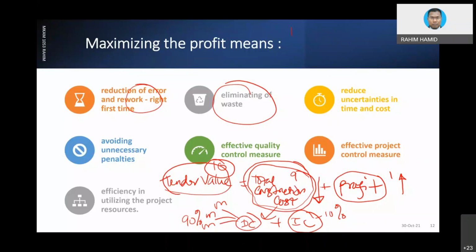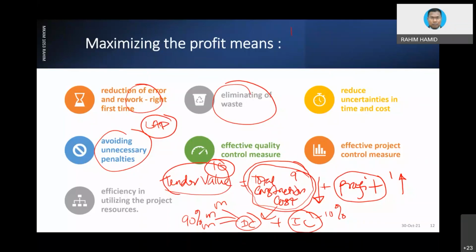That is an example. Another is avoiding unnecessary penalty. In construction we have what we call LAD, liquidated ascertained damages. It is like a penalty where you encroach into the practical completion period. You do not want to reach that situation where you are going to be imposed certain penalty on a daily basis.